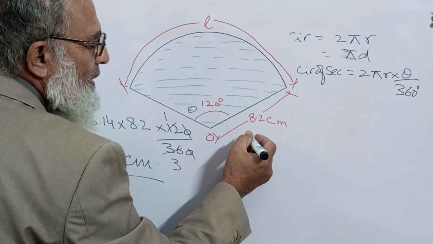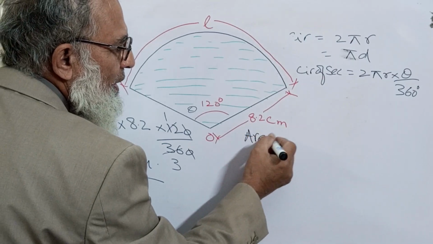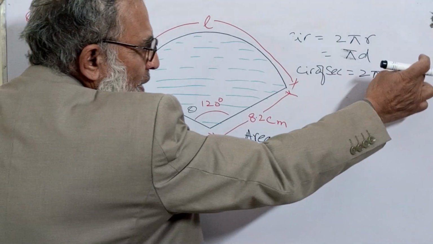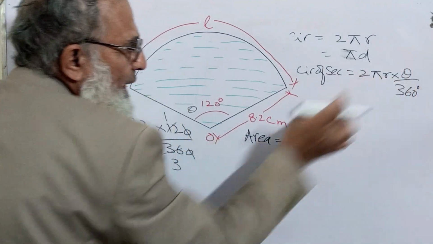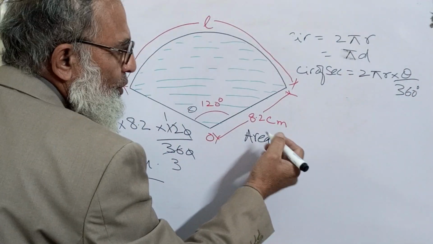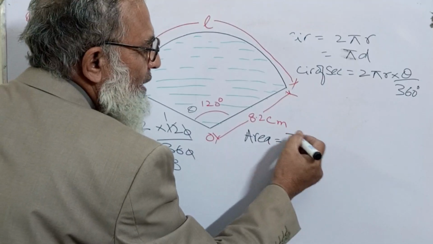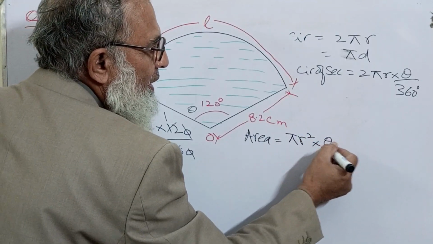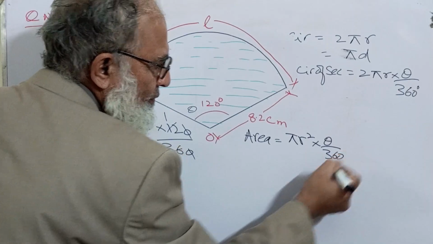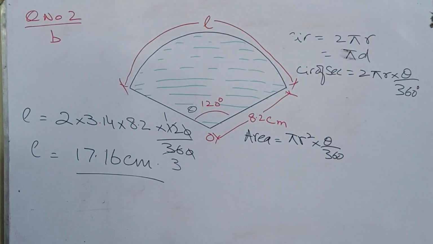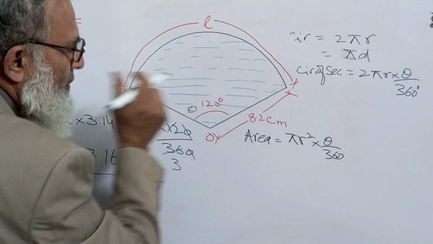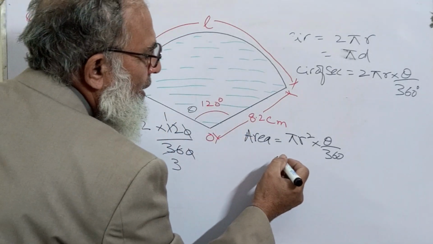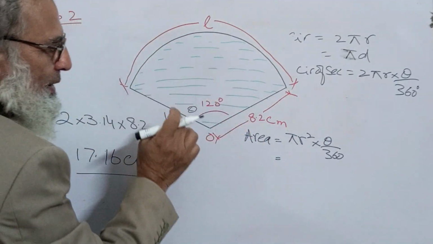So area of sector, as you know, similarly what we do with the area, we add this portion. And you know area, what is area? Area is pi r square, and we'll also multiply it with theta upon 360, because it is only the area of the sector.